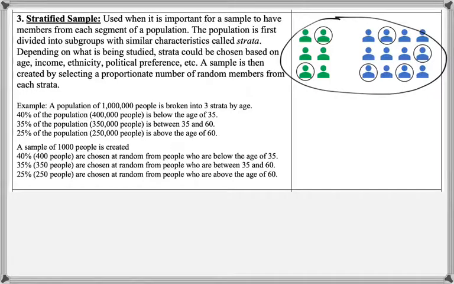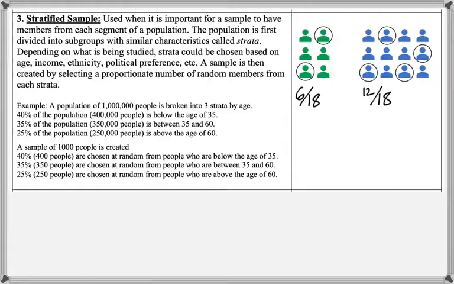We have 18 people total, and 6 of them are green and 12 of them are blue. So that's a third green and 2/3 blue. So when we create our sample of 6 people, we need to make sure that it's consistent with the population.